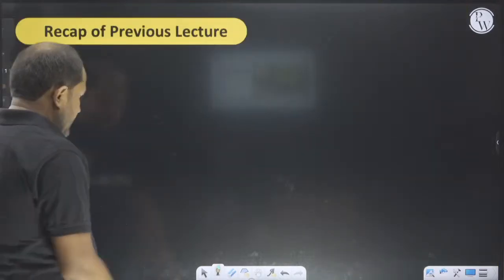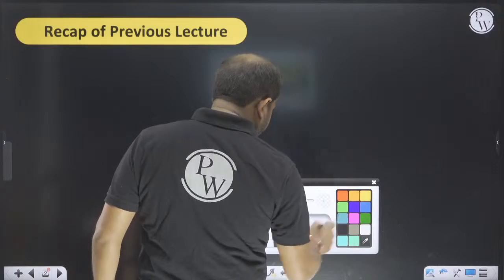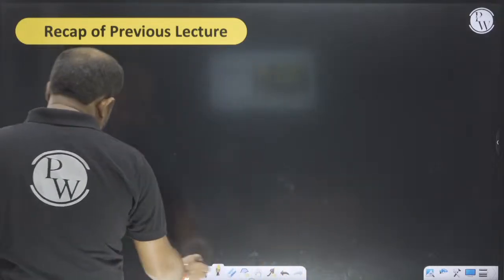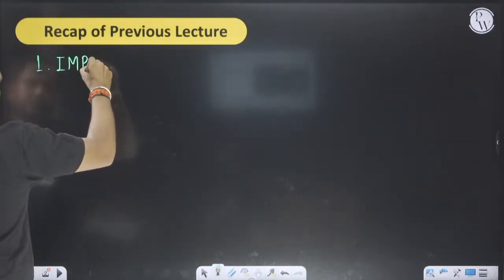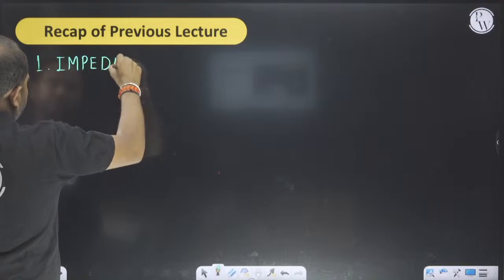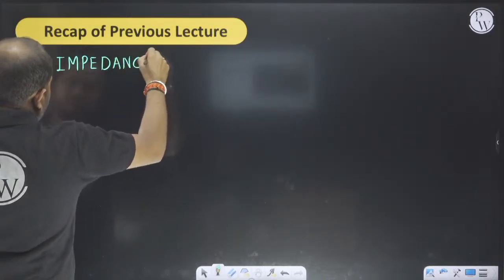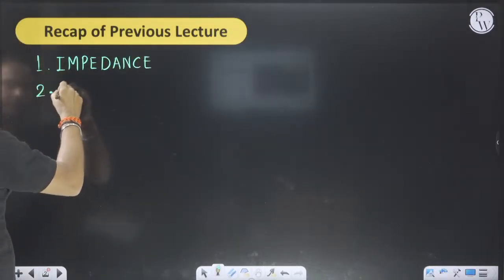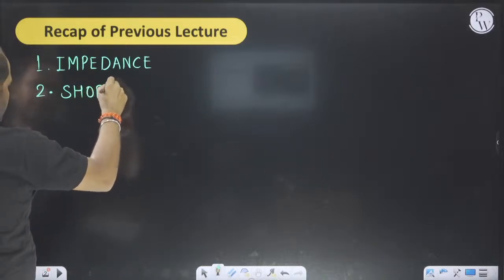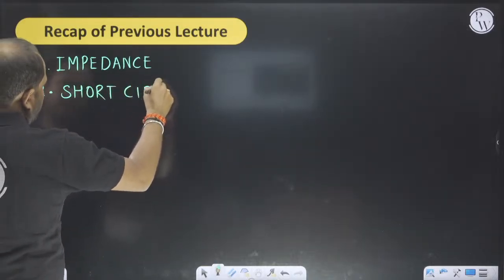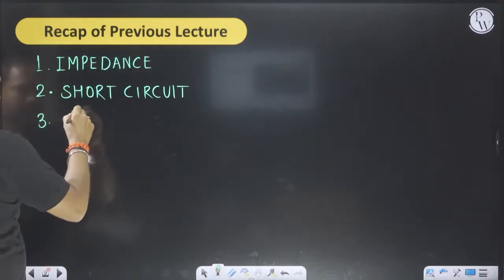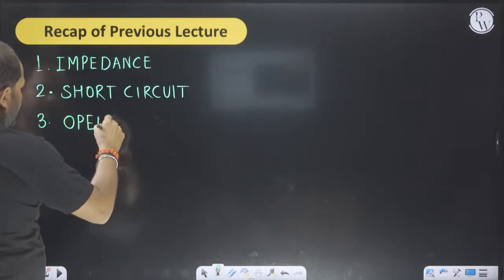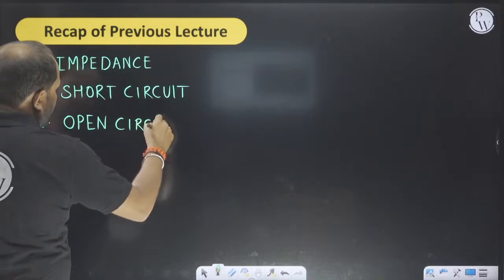So in previous class, what have we studied? In previous class we have studied impedance, short circuit, open circuit, series resonance, parallel resonance. These all topics we have covered in previous class.